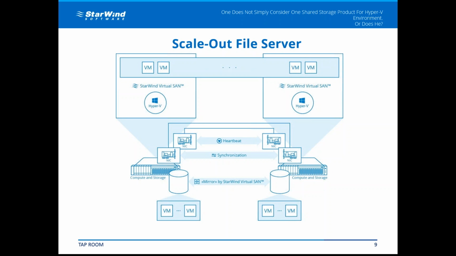And also it supports 10, 40, 56 Gbps PCIe Ethernet NICs to run data synchronization or anything else. StarWind virtualized also brings the beneficial features complementing the Microsoft technologies. And that's, by the way, important part here. We are not competing, we are complementing.